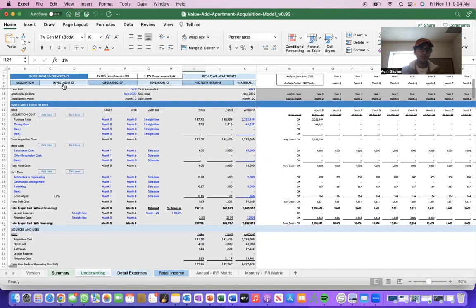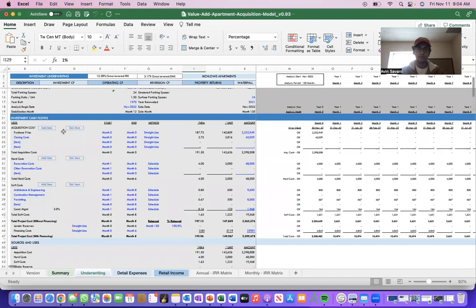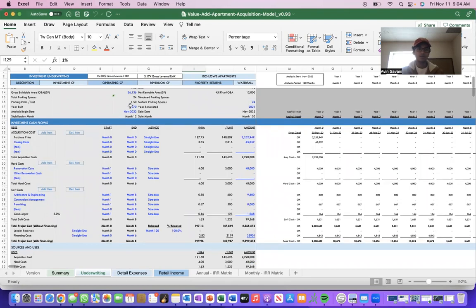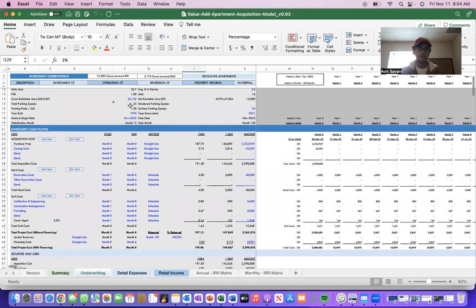Up here, I don't want to show the name of the place, but this is the description of the entire property. You're going to see the address, the unit amount, the acreage amount, the floor area ratio, the gross building area, total parking spaces, parking ratios per unit, the year that it was built, and the year that it was renovated.